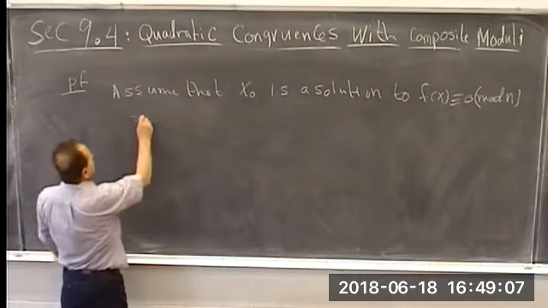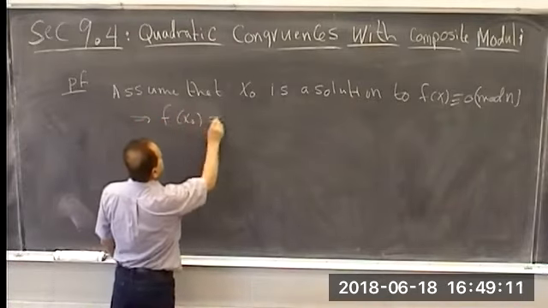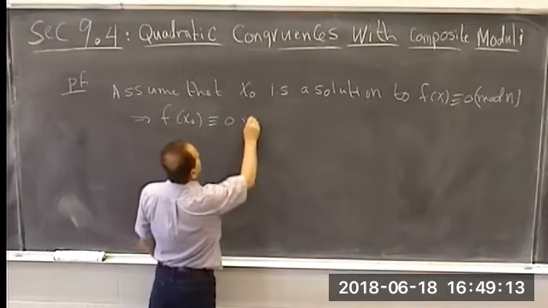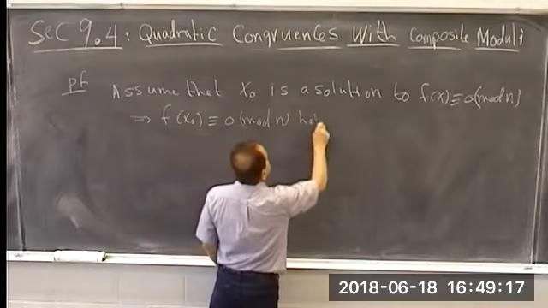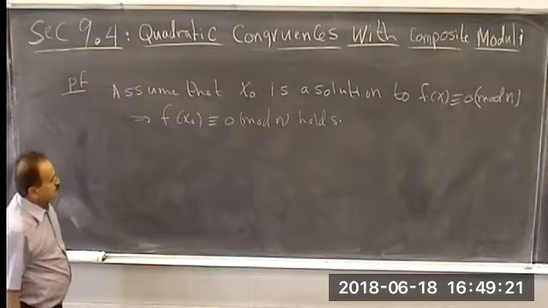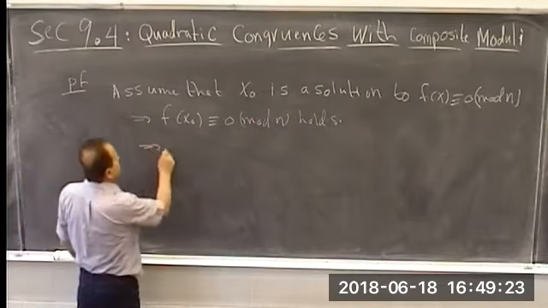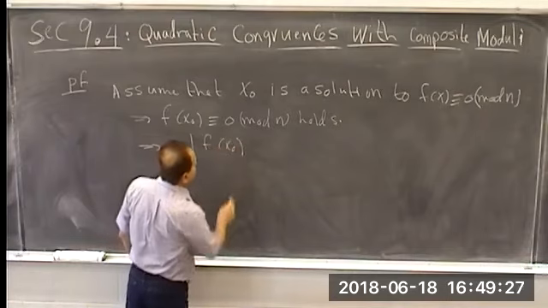So this implies that f of x sub 0 congruent to 0 mod n holds. And this implies that n divides f of x sub 0.